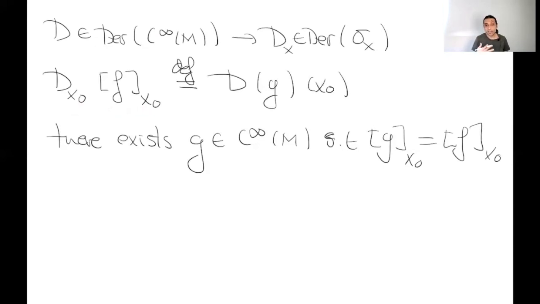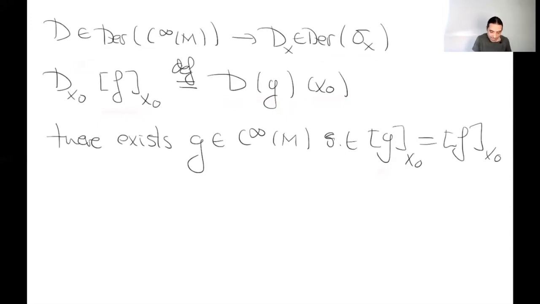And by the previous result, by the previous remark, this does not depend on the choice of g, because whatever function g we consider over here, if we consider two different functions, their germs at x0 are the same, so the value of D applied to these functions at x0 is going to be the same. So this defines actually a map from the space of germs to R, and it is immediate to show that it is a derivation.